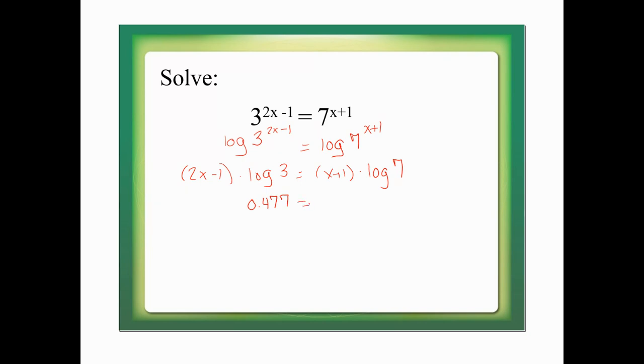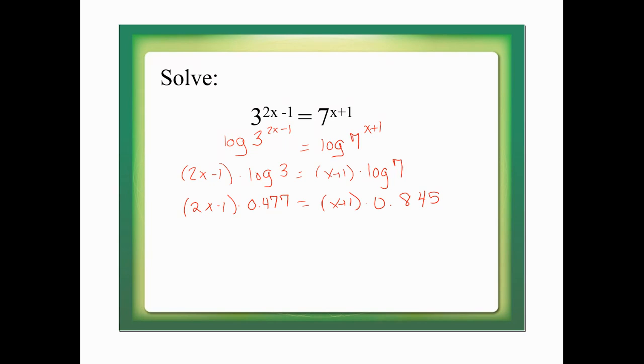0.477 equals, sorry, there's 2x minus 1 in front. And I have x plus 1, and the log of 7 is going to give me 0.845. And now this is back down to an Algebra 1 equation. You can distribute, you can divide. It's up to you with what you want to do.